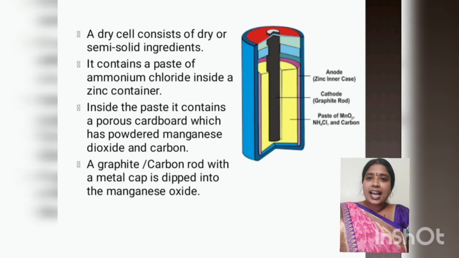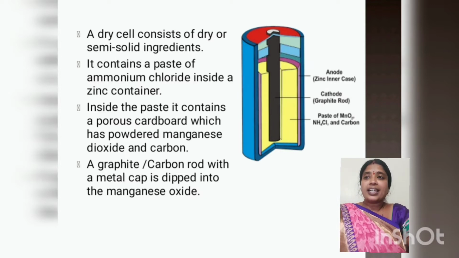Inside this ammonium chloride paste, there is a cardboard which is porous. Why do we call it porous? Because it allows some materials to enter. It has some holes, and those holes are also known as pores. That is why that material is porous.